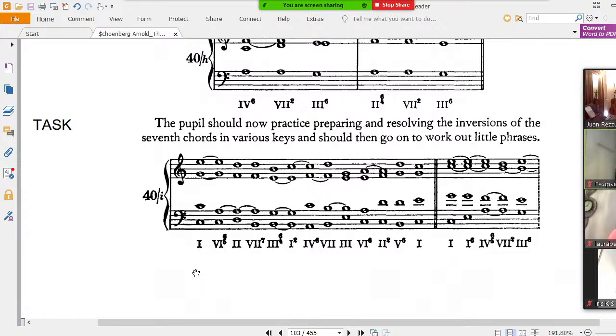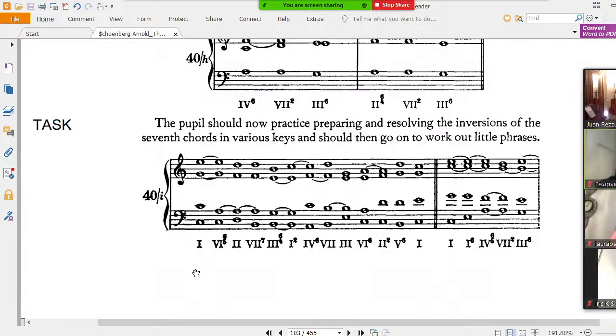In the middle of the exercise, you could have a sequence or not; it's not compulsory. But yes, a perfect authentic cadence at the end. So tonic, predominant, dominant, tonic. At least dominant to tonic in root position, as you know. The predominant might not be.